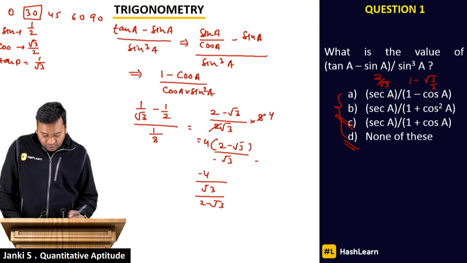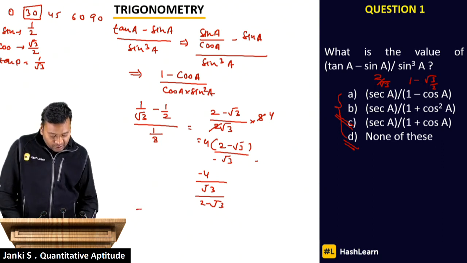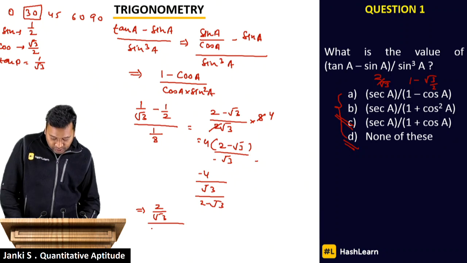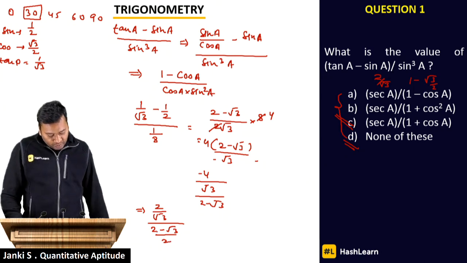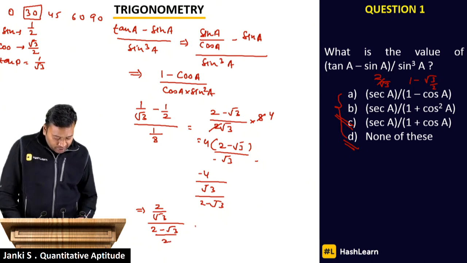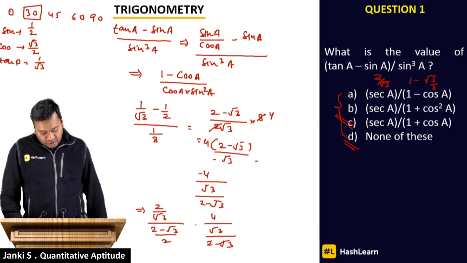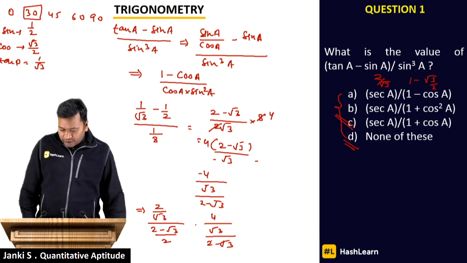That's nothing but, if I'll check this value itself, the value is nothing but 2 by root 3 divided by 2 minus root 3 by 2 is the format, right? So here this value is nothing but 4 divided by root 3 divided by 2 minus root 3 is the format possible in this, right?